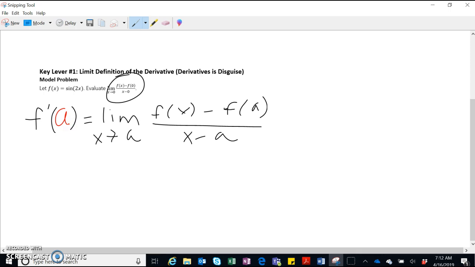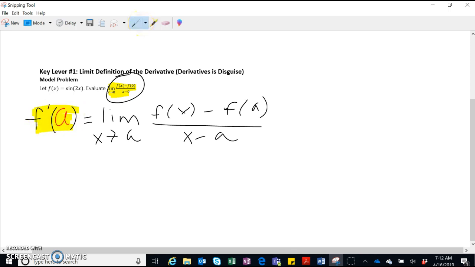So what this is really asking us for, if I highlight this limit that's being requested, is for me to take the function that's been provided and calculate its derivative at the specific a value in question.